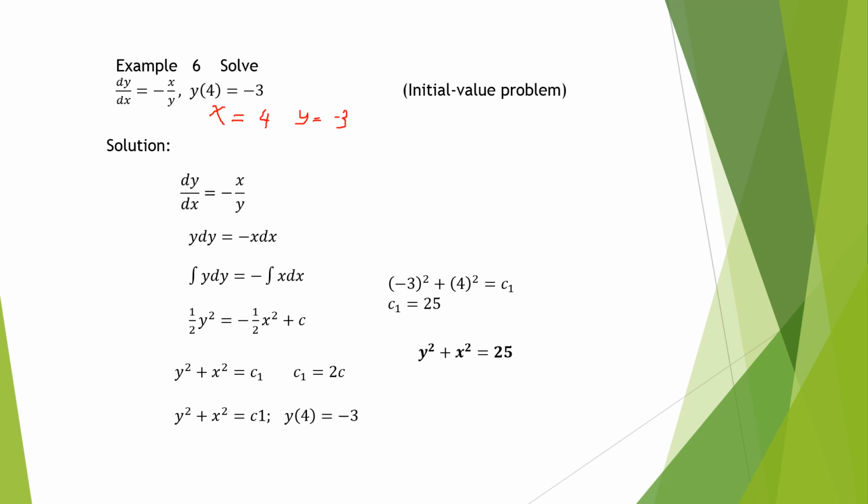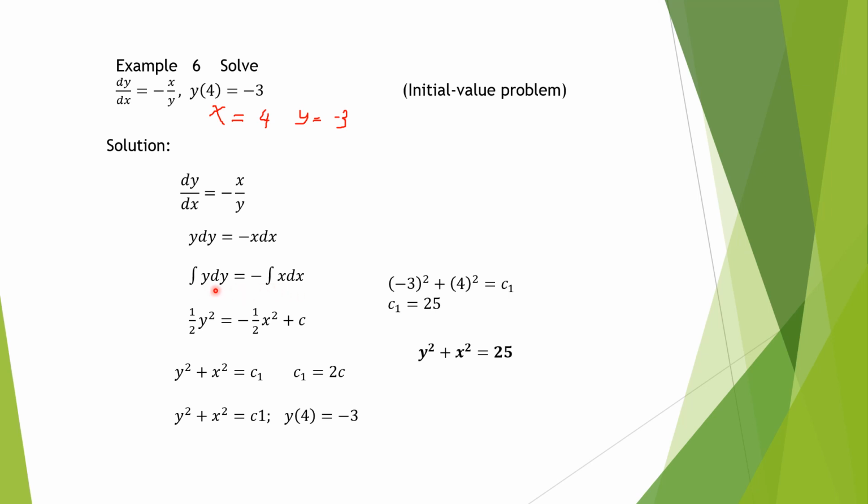We have dy dx is negative x over y. Now cross multiply this, that is y dy equals negative x dx. And then integrate both sides: the integral of y dy equals the integral of negative x dx.